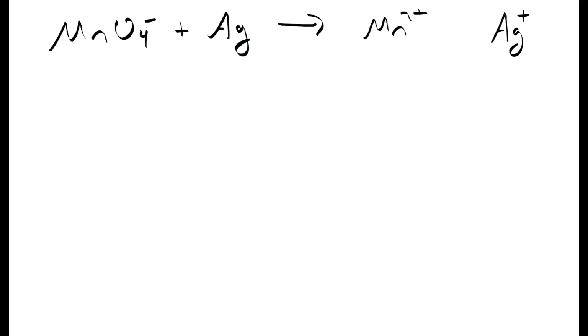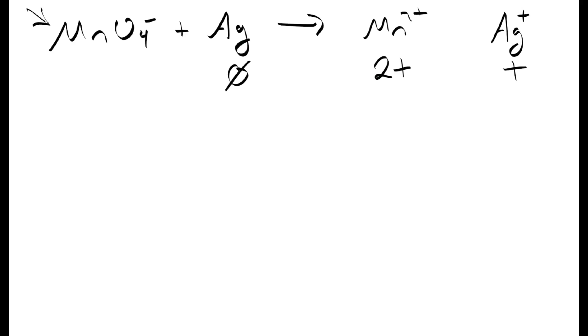Silver metal has an oxidation number of 0. Mn2+ has an oxidation number of 2+. And Ag+ has an oxidation number of 1+. The only even slightly difficult thing here is the manganese that's embedded in the permanganate here in the upper left-hand corner of your screen.